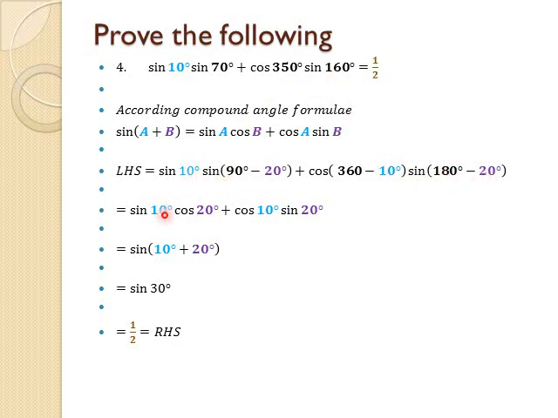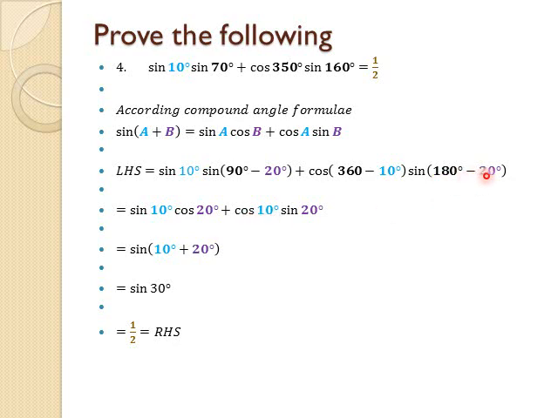Right, so sine 10 stays 10. 90 minus 20, 90 changes sine to cos. 90 minus any acute angle is in the first quadrant, so therefore cos 20. 360 minus 10 is in the fourth quadrant, and in the fourth quadrant cos is positive, so that simply becomes cos 10.